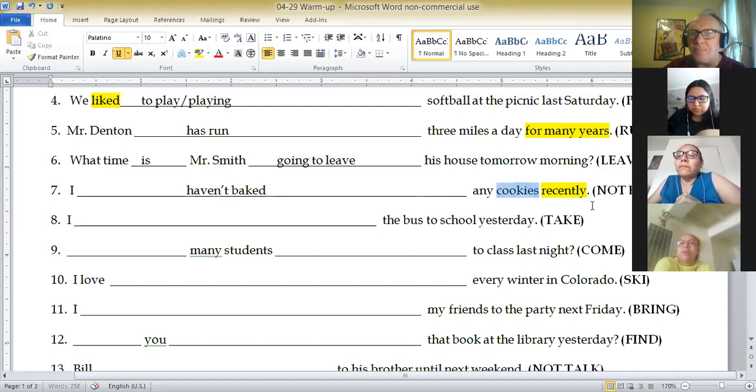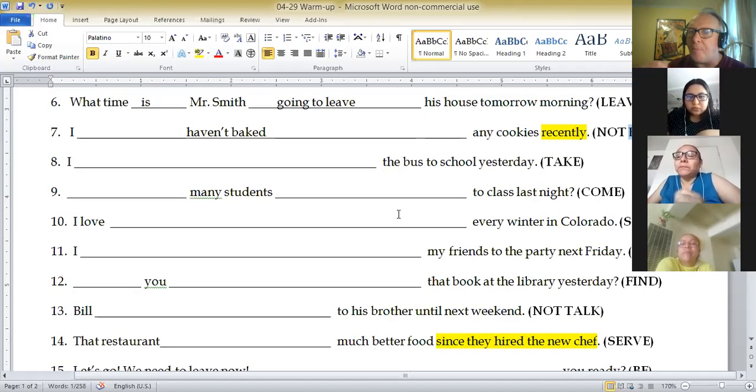We're using cookies, but the verb is bake, right? Oh, bake. Yeah. Sorry. Remember, for bread, cookies, pie, we usually don't say cook. We say bake. I baked a pie. I baked some bread. I baked some cookies. For all those things you make with flour, we usually don't say cook. We say bake.